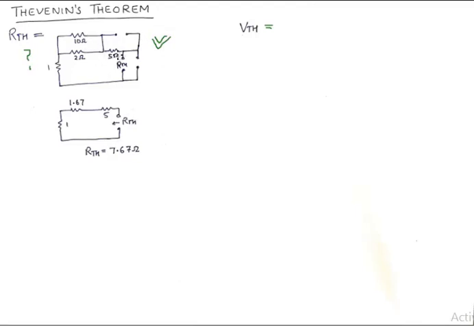And further simplifying this network, because we need to see the resistance from these two open terminals, so we have 5 in series with 1.67 in series with 1. So the total Thevenin's equivalent resistance turns out to be 7.67 ohms.